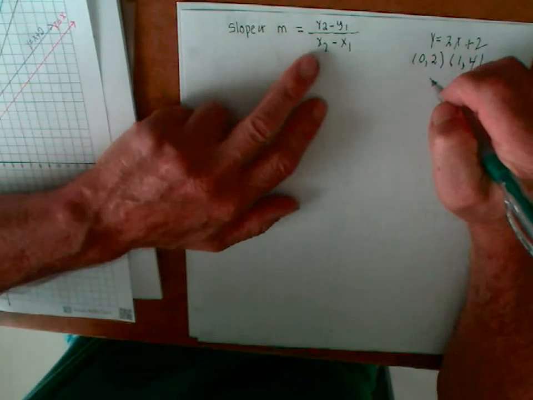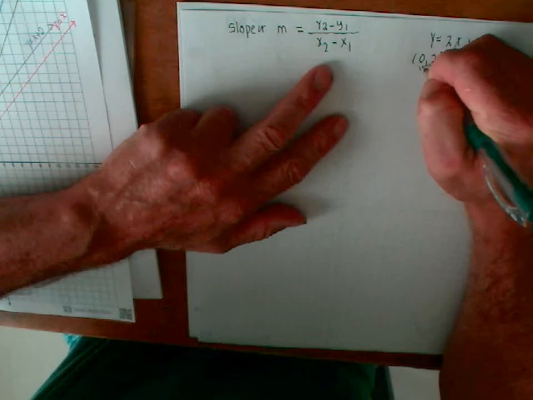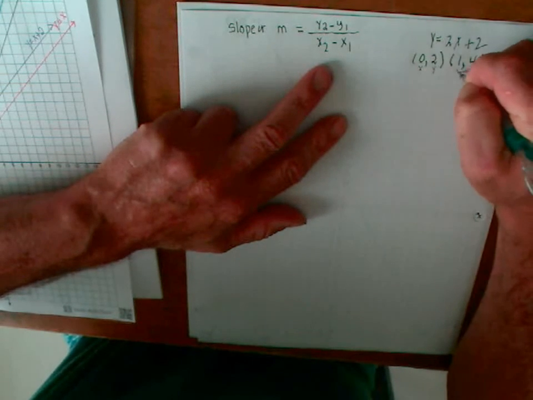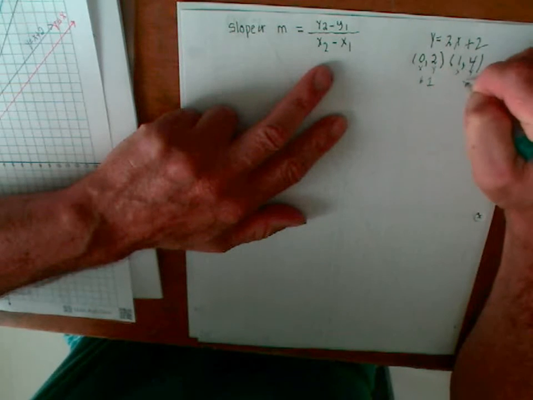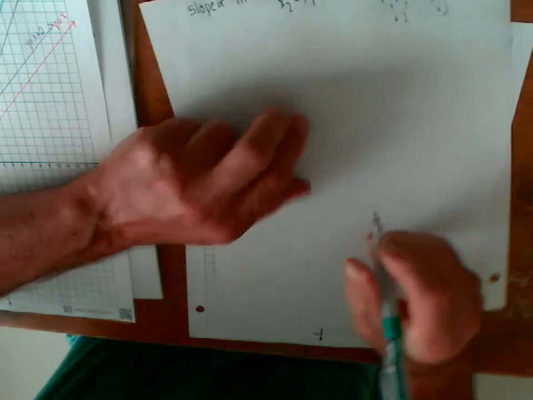Okay, so remember, that's an x and a y, an x and a y. This is point number 1, and that's point number 2.